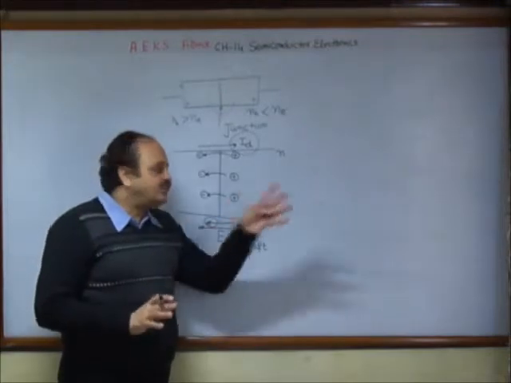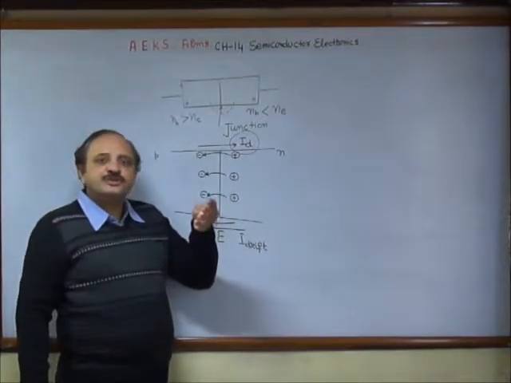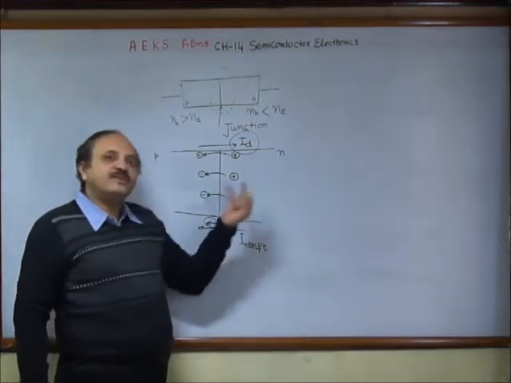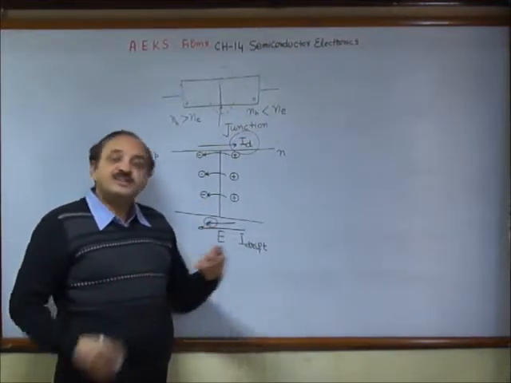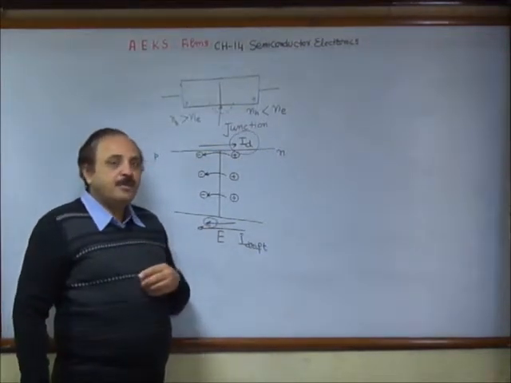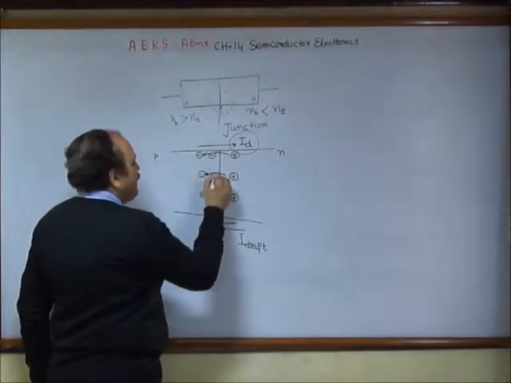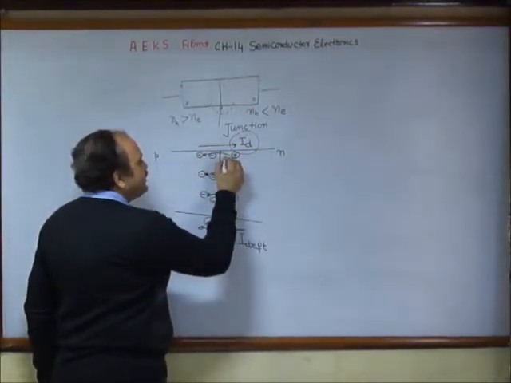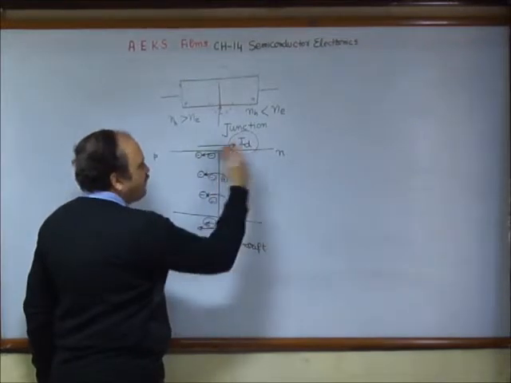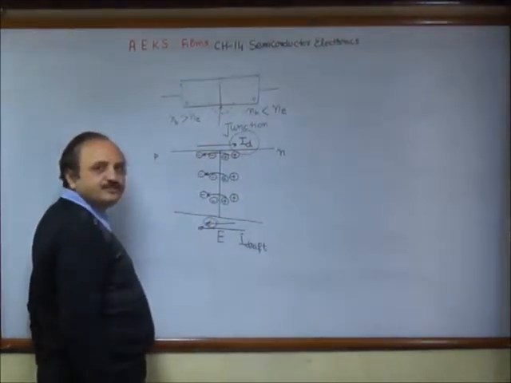The whole process starts with the diffusion current initially. As it develops, the drift current also starts increasing. And a stage comes when there is an equilibrium between the two. By that time, this region acquires some negative charge, and this region of N type acquires some positive charge.